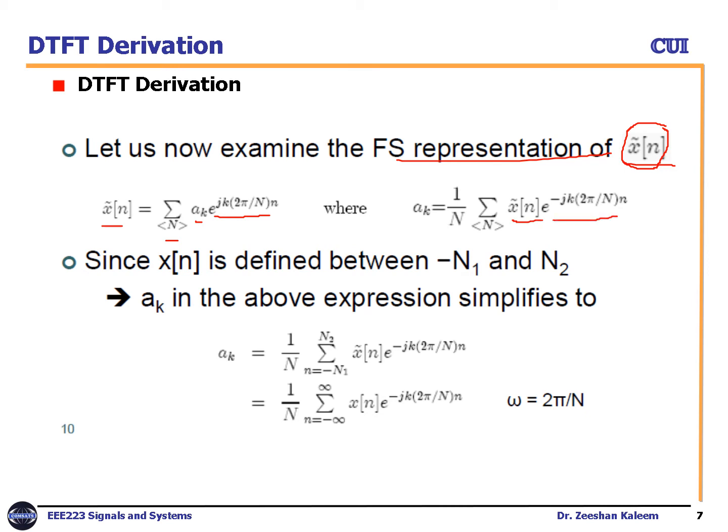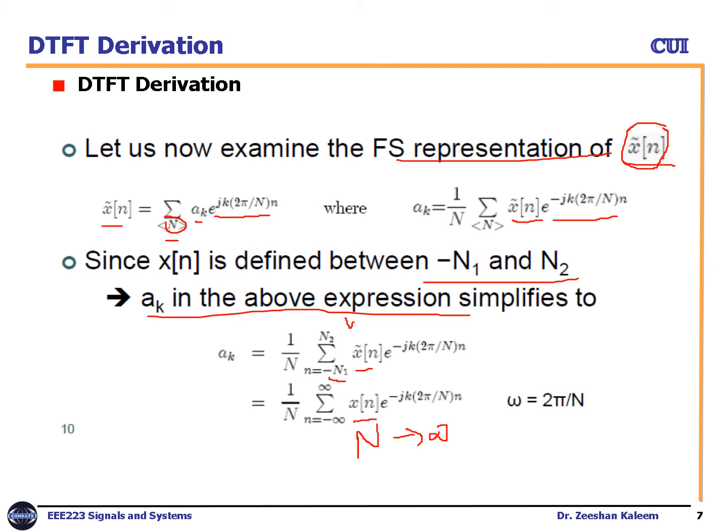Since x of n is defined between minus n1 and n2, a_k in the above expression simplifies: instead of summing over capital N, we can sum from minus n1 to n2, as the range we specified, of x tilde of n e^(minus j k omega_0 n), equal to 1 over N. If we consider that the period goes to infinity, when N approaches infinity, then x tilde of n approaches x of n.